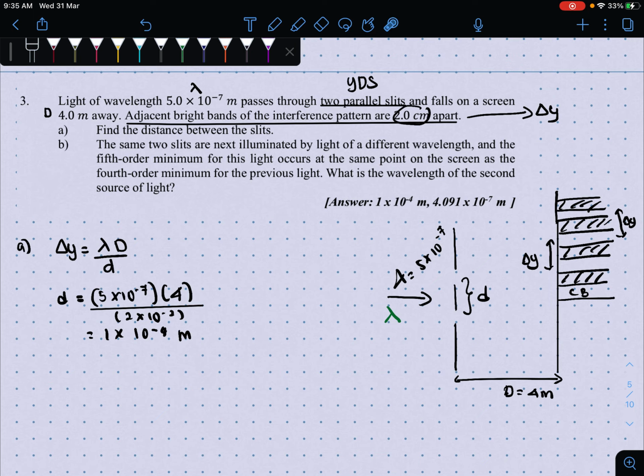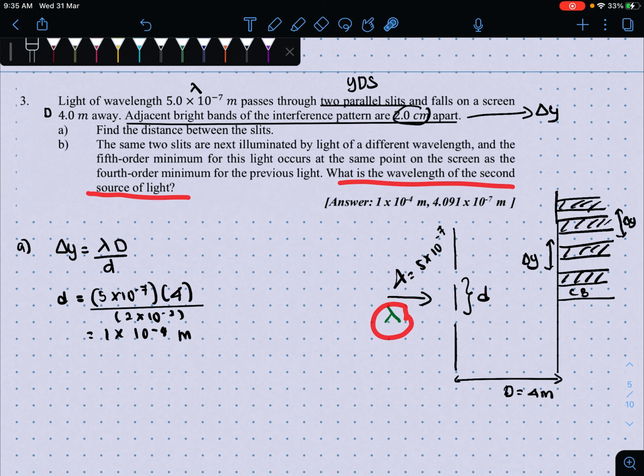So the two slits are next illuminated by light of a different wavelength, and the fifth order minimum for this light occurs at the same points on the screen as the fourth order minimum for the previous light. What is the wavelength of the second source of light?